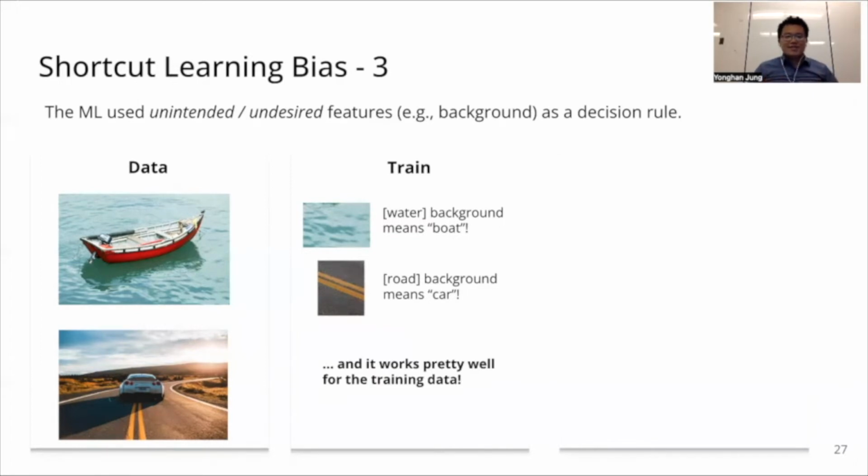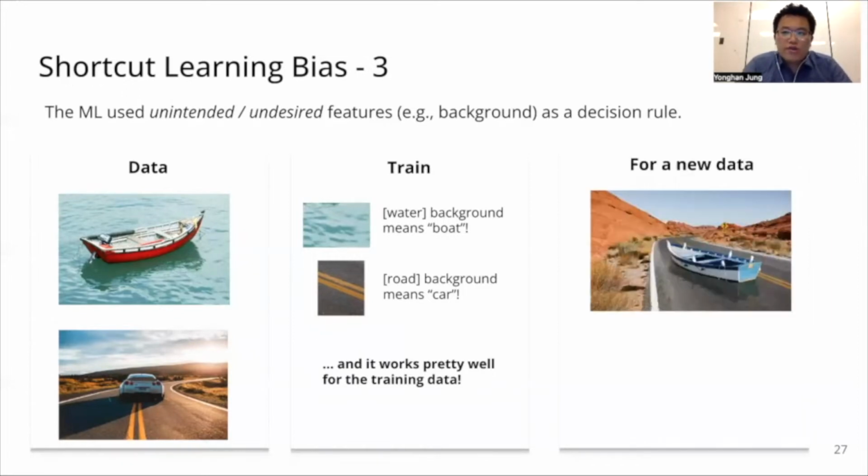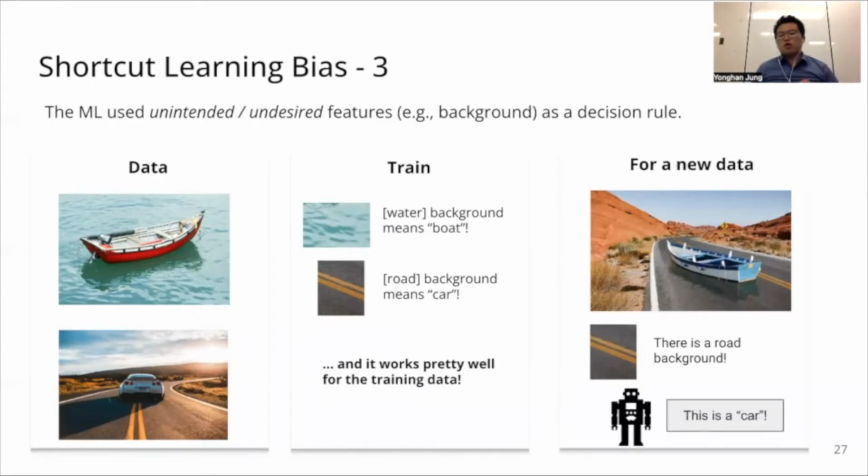This way of training actually works pretty well for the training data set. However, when an unseen new image comes in, like a boat on the road, because there is a road background, the machine learning model will wrongly classify this as a car.